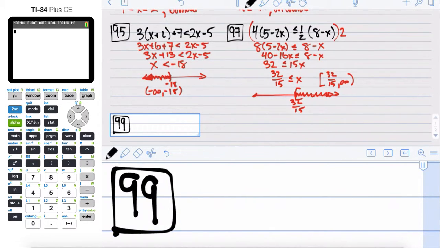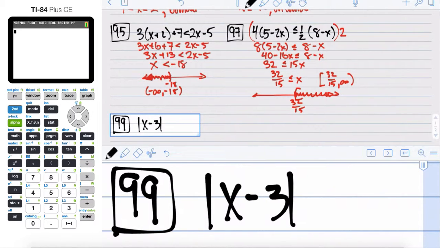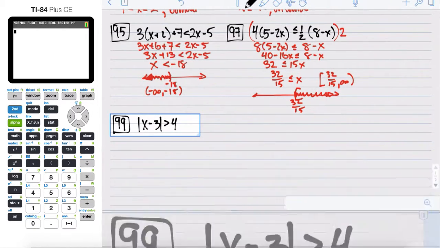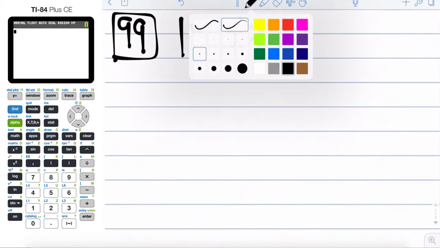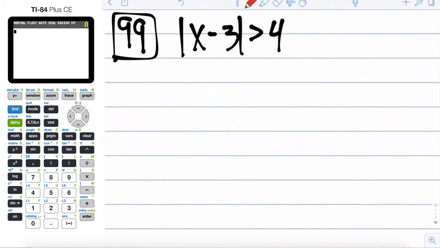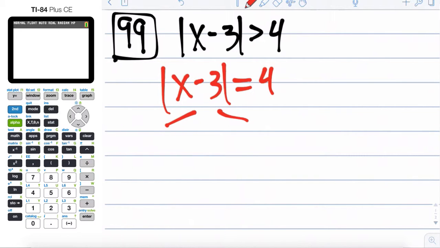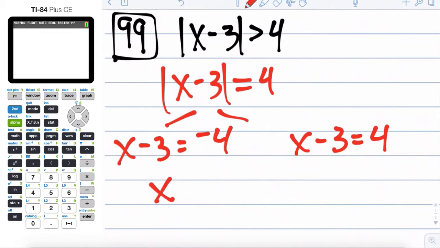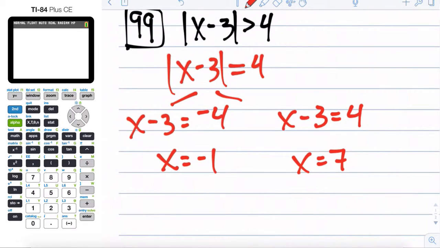99 is absolute value of x minus 3 is greater than 4. So if we're going to do this, there's a couple of different ways to do it. We know that absolute value of x minus 3 equal to 4 gives us two equations. Those two equations being x minus 3 is equal to -4, x minus 3 is equal to +4, and then x is equal to -1, x is equal to 7. On a number line, here's -1, here's 7.